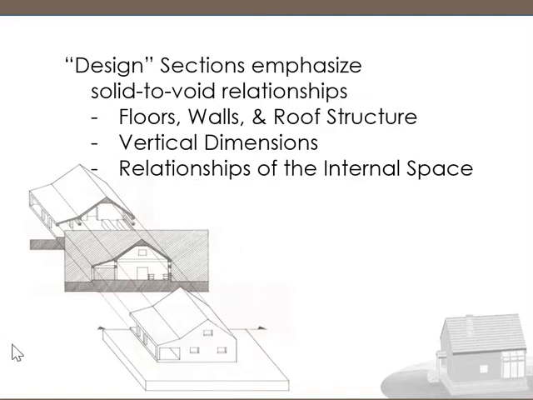So when you look at this design of the section, we emphasize what is solid and the void, or the negative space. When we cut it in half, like slicing into that cake, you see the flooring, the walls, the roof, and the entire structure.